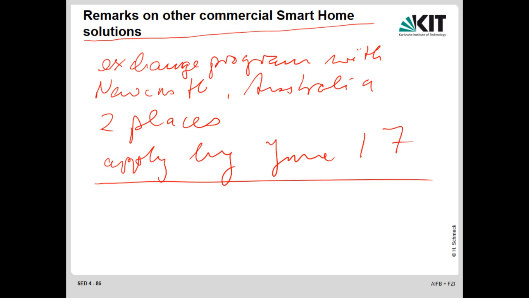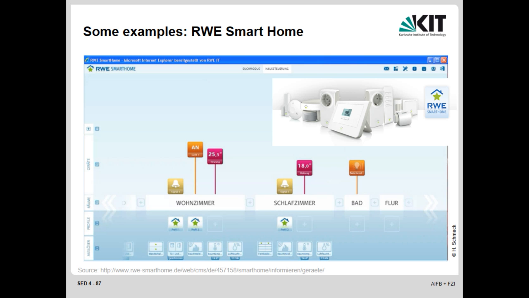So it's quite an attractive exchange program. So if you're interested in that, or know people who might be interested in that, just apply for it. Certainly most of you are in master programs, so it is maybe a little bit late, but you can also write your master thesis there. So this is something which might be of interest to some of you.